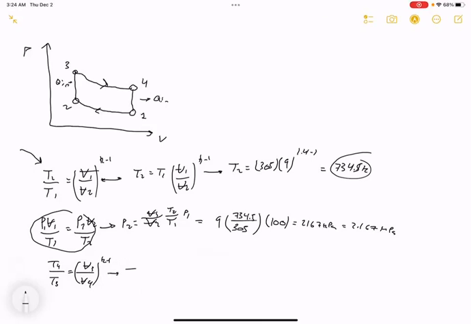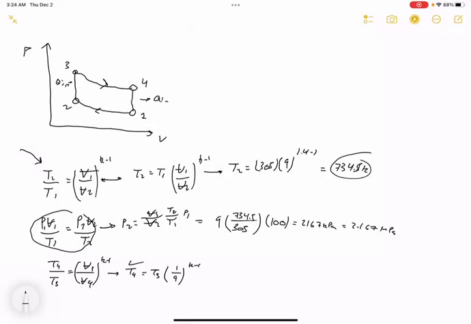But again, if we want to isolate T4, we get T3 times 1 over 9 to the K minus 1, where K is 1.4. Now, in this case, we actually know T4. We're told that it's 800 Kelvin, and we're solving for T3.